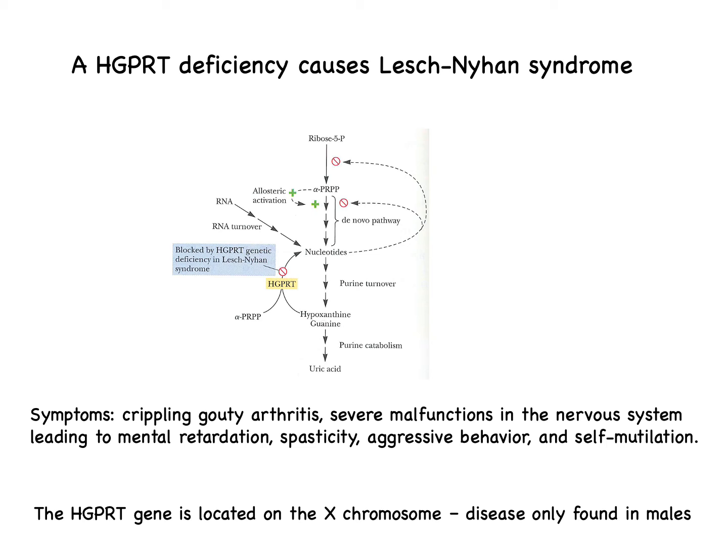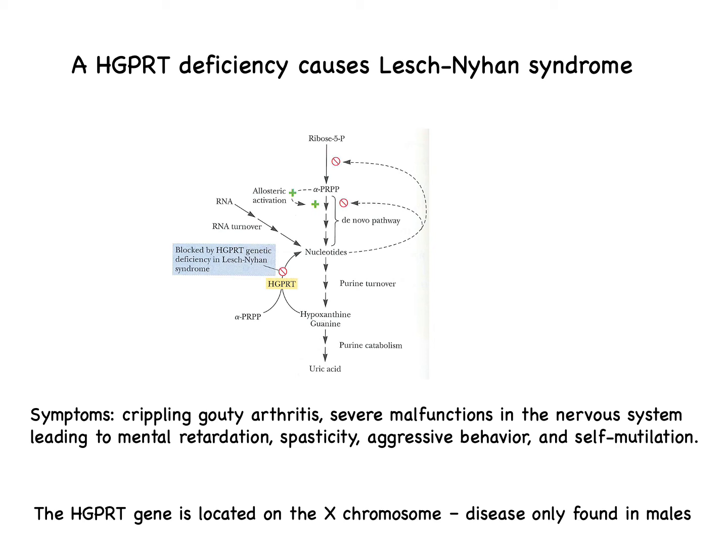But these people don't live that long, they don't reproduce, and since males get their X chromosomes from their mothers, and the female gets one X chromosome from the father, the father will never donate a Lesch-Nyhan chromosome to a daughter.